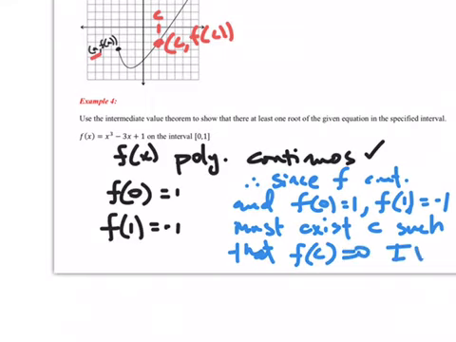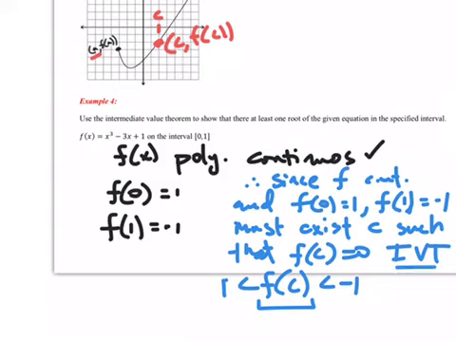This is the intermediate value theorem. Therefore, that f of c has to exist between f of 0 and f of 1. F of 0 is 1. F of 1 is negative 1. Therefore, c has to be between those two, and therefore that means that f of c should equal 0 somewhere. That's the intermediate value theorem.